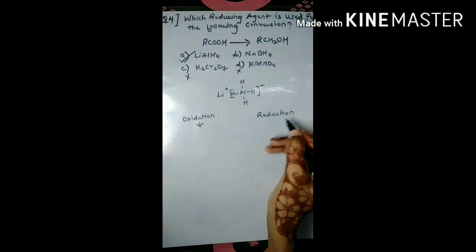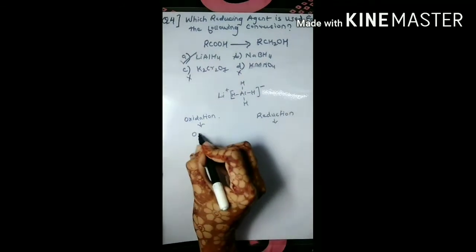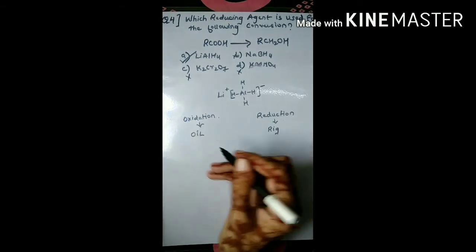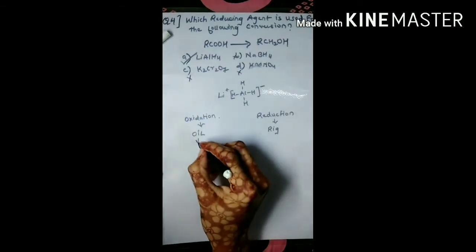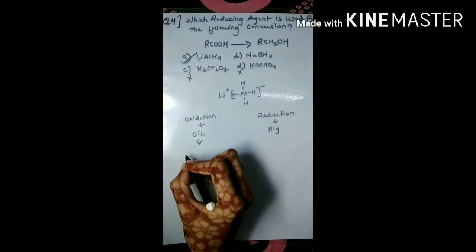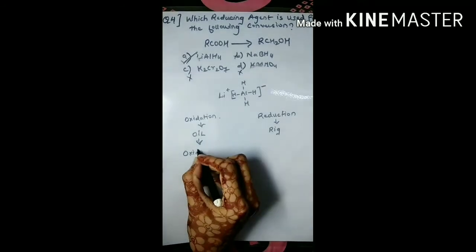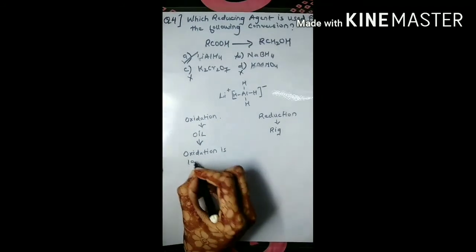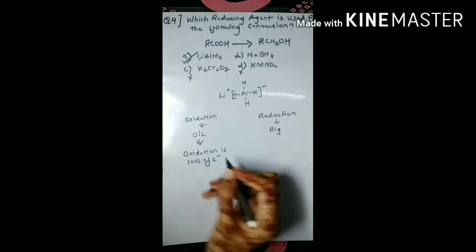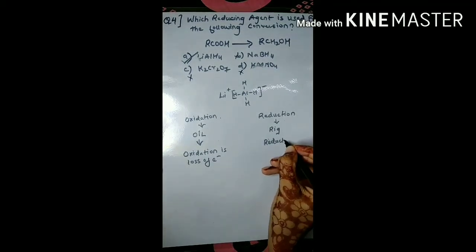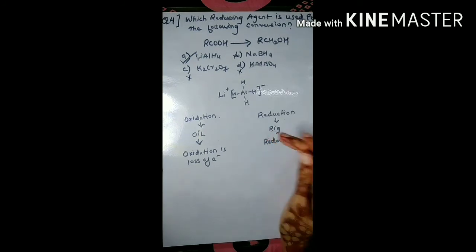For oxidation and reduction, you have to just remember a very interesting mnemonic, that is OIL for oxidation and RIG for reduction, because it is a little bit confusing for the students. So OIL stands for oxidation is loss of electrons and reduction is gain of electrons. So this is how you can remember this thing.